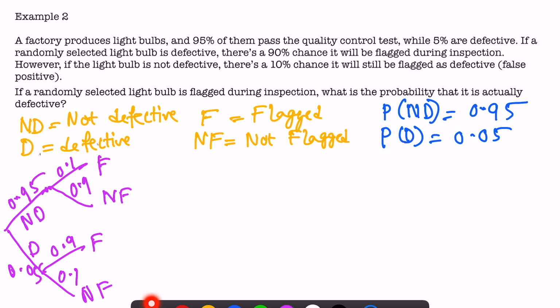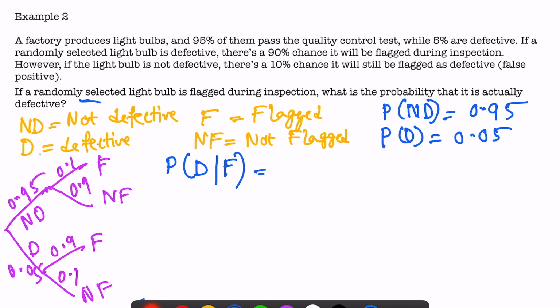Okay. So now what we have to calculate is probability of the bulb is defective given that it is flagged, right? That is, given that the randomly selected bulb is flagged during inspection, what is the probability that it is actually defective?